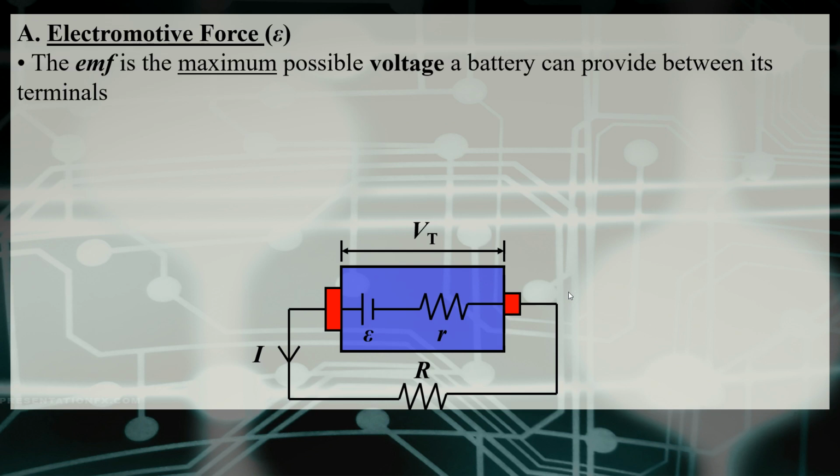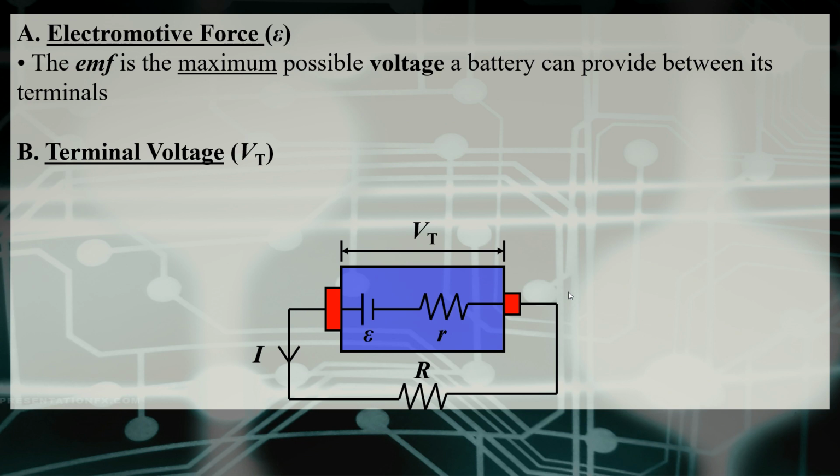We'll just call the electromotive force EMF for short. So the EMF is the maximum possible voltage the battery can provide between its terminals. There's no way that the battery voltage can be higher than the EMF.